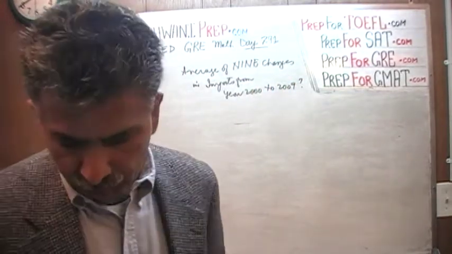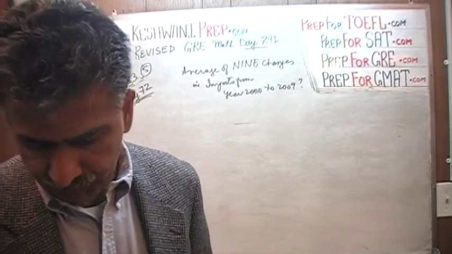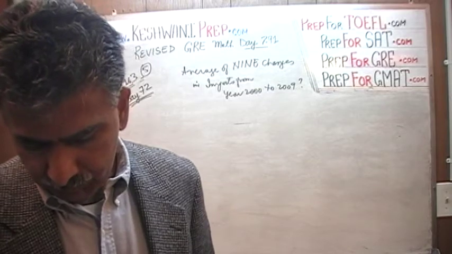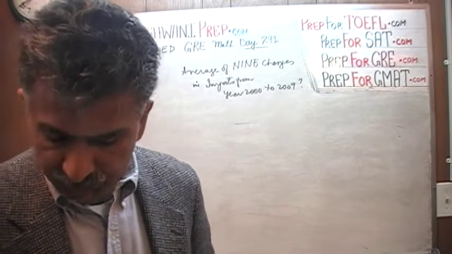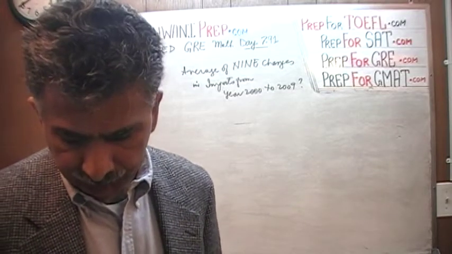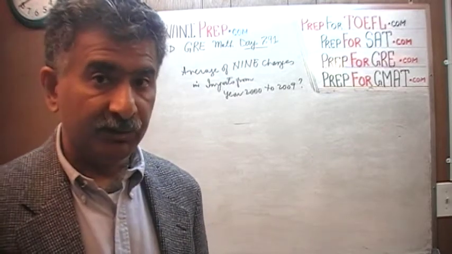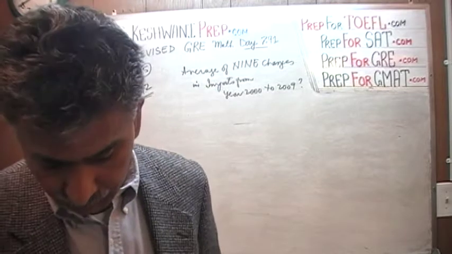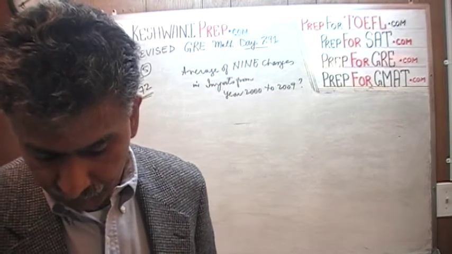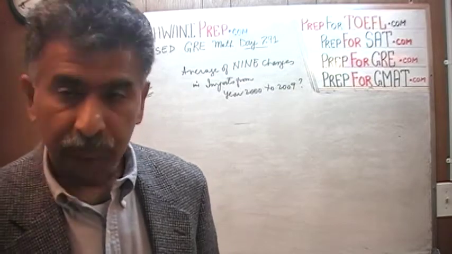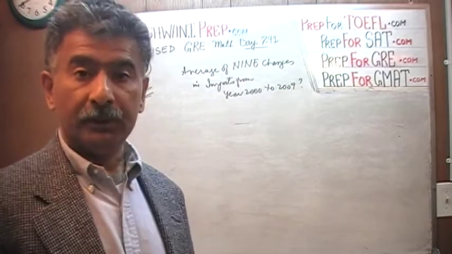It says, which of the following is closest to the average of the 9 changes in the values of imports? There are 10 years, and therefore there are 9 changes in the values of the imports between consecutive years from 2000 to 2009. Let's see what we can do here.